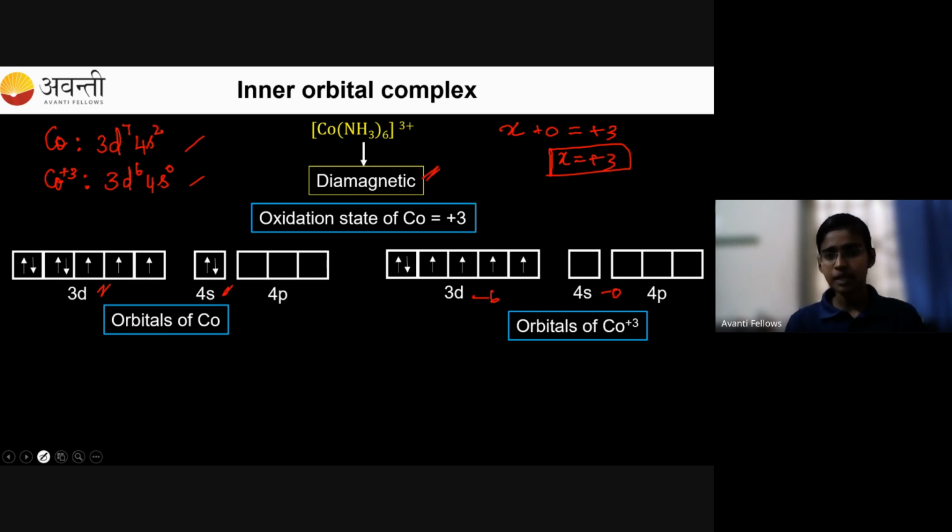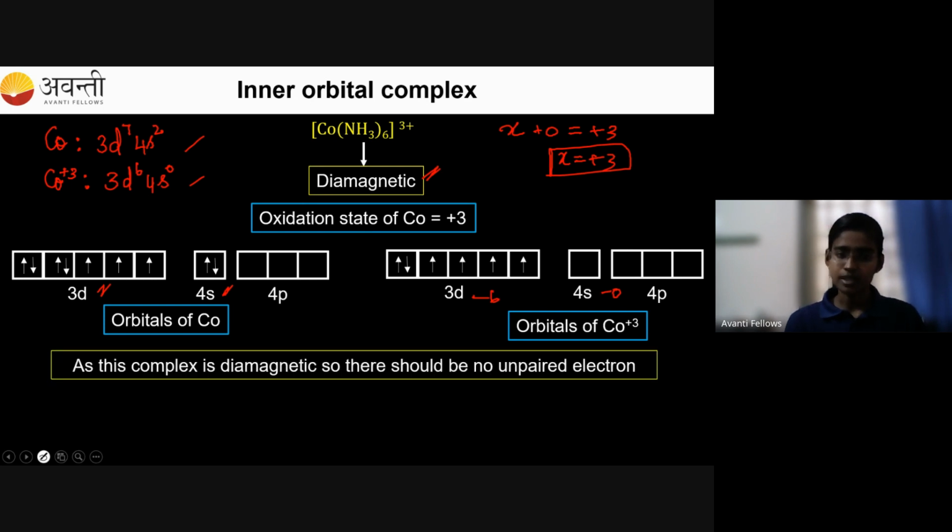So what is meant by diamagnetism? If the system contains no unpaired electron, the system contains 0 unpaired electrons. Since the complex is diamagnetic, there should be no unpaired electron in it.